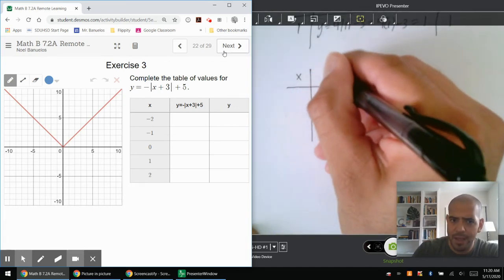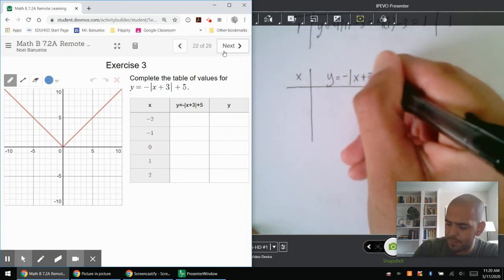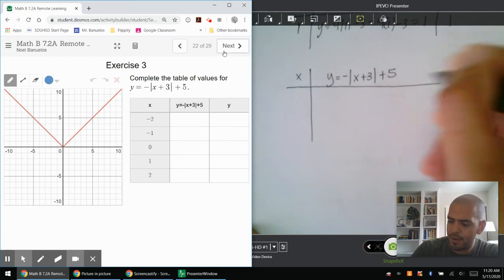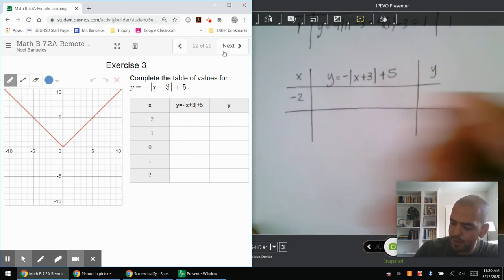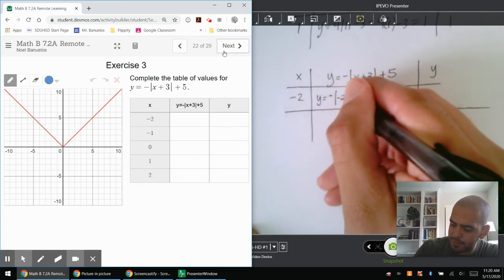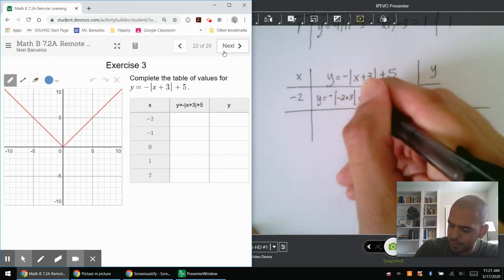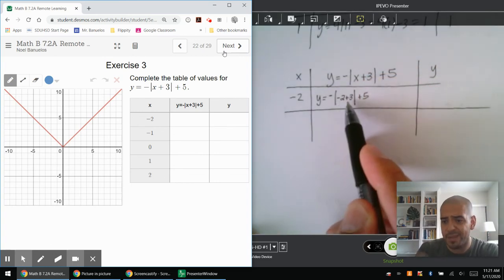So y equals negative absolute value of x plus 3, plus 5, and then my y value. So the first one I'm going to plug in is negative 2. So y equals negative absolute value of negative 2 plus 3, close it. So negative 2 plus 3 is 1.